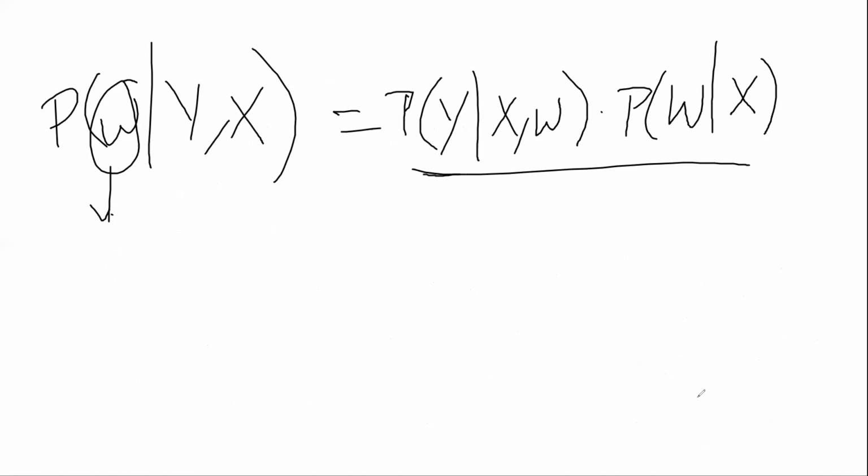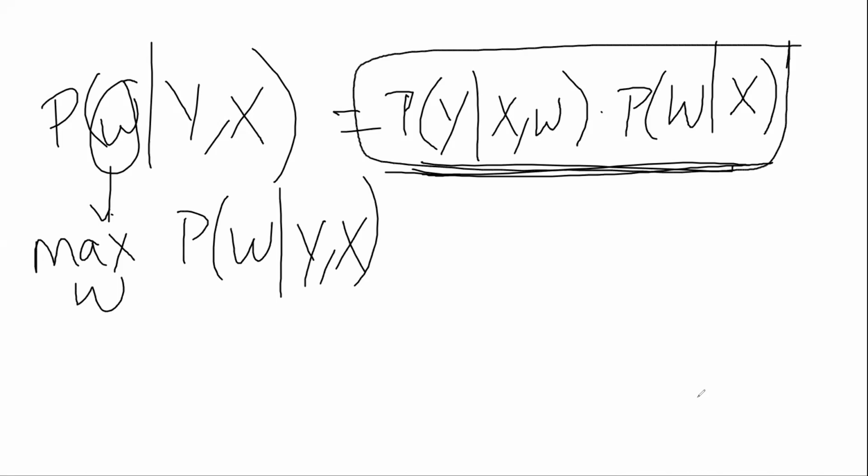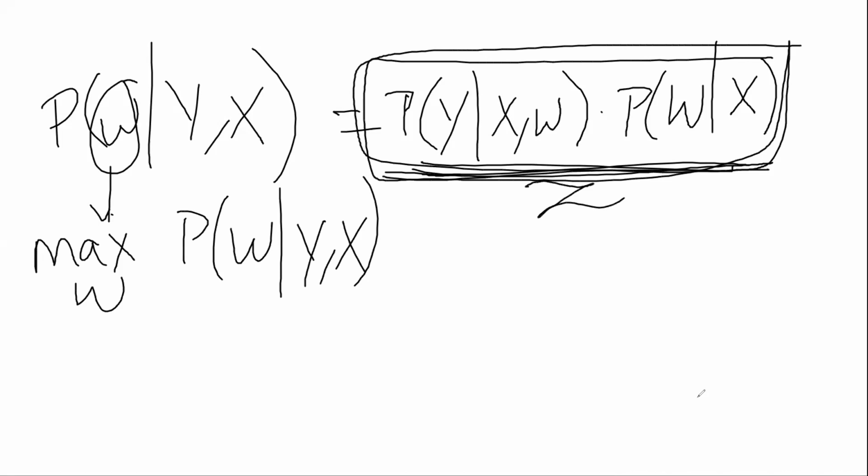So what you want is, the bottom term would be independent of W. So you want to maximize this likelihood with respect to W. At the bottom, we just call it the normalization constant, which is independent of W. So you want to maximize the numerator.